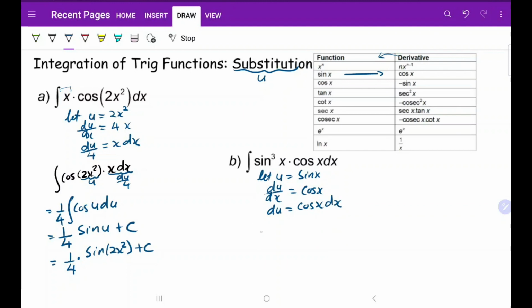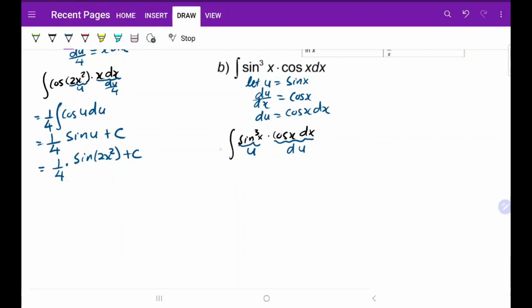Now our integral becomes quite straightforward, but let us just rewrite it first. This becomes sine x to the power of 3 times cos x dx. From here it becomes extremely clear that sine x will be our u, and this whole expression cos x dx becomes our du. So this leads us to a very simple integral: u to the 3 du.